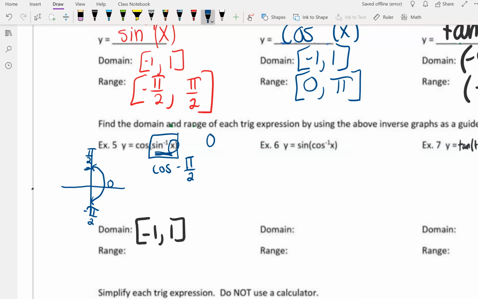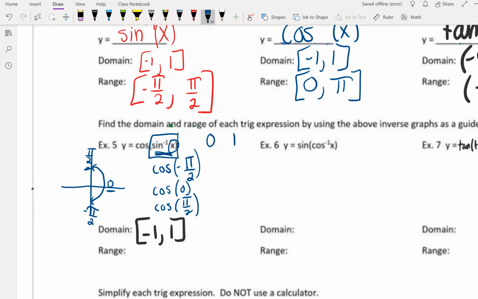And then I'm also going to plug in 0, because I know that 0 is a possible value that I could get out for inverse sine. So cosine of 0. Well, cosine of 0 is 1, so I know 1's a possible value that I could get out as an answer for y. And I'm also going to plug in cosine of +pi over 2.